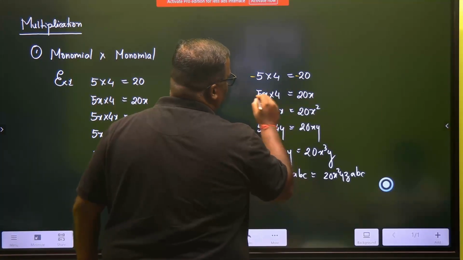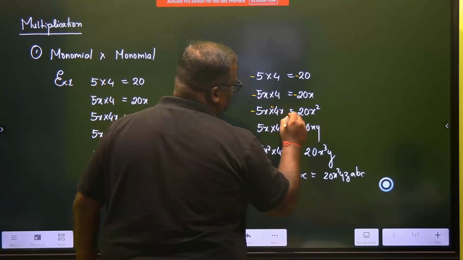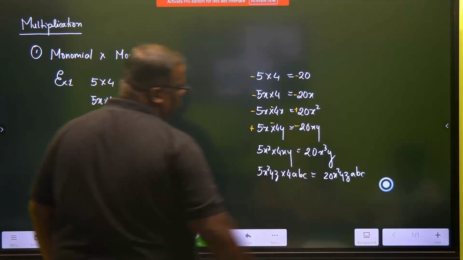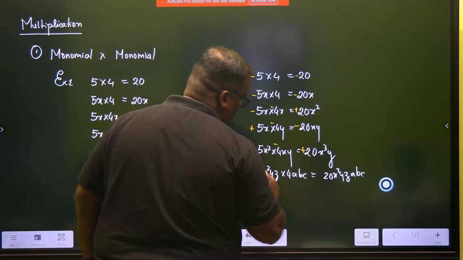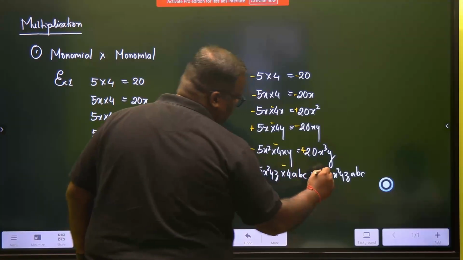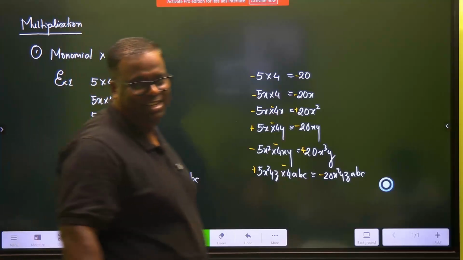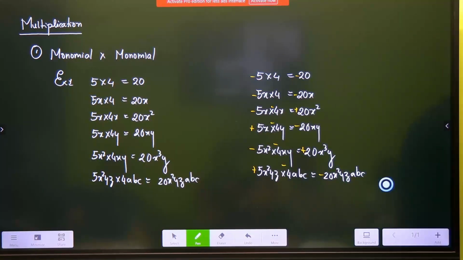If both were minus, then this becomes plus. If this was plus and this was minus, still minus. If this is minus and this is minus, then this is plus. If this is plus and this is minus, this is minus. See, the same thing you would have to write twice, but I have the advantage of colouring the expressions and doing it in one go. God has been very kind with me, you know. Understood?